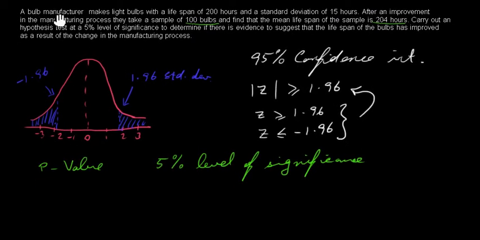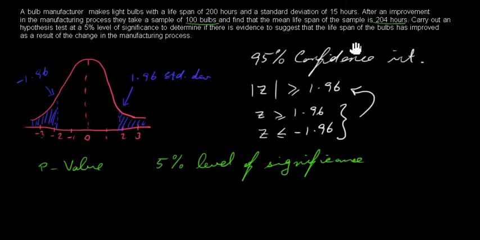We have a bulb manufacturer. They make light bulbs with a lifespan of 200 hours and a standard deviation of 15 hours. After improving the manufacturing process, they want to see whether it has improved the lifespan of the bulbs. They take a sample of 100 bulbs and find that the mean lifespan is in fact 204 hours.